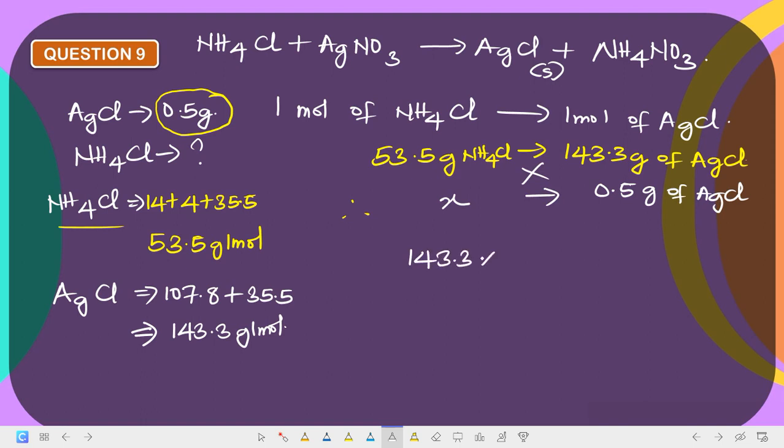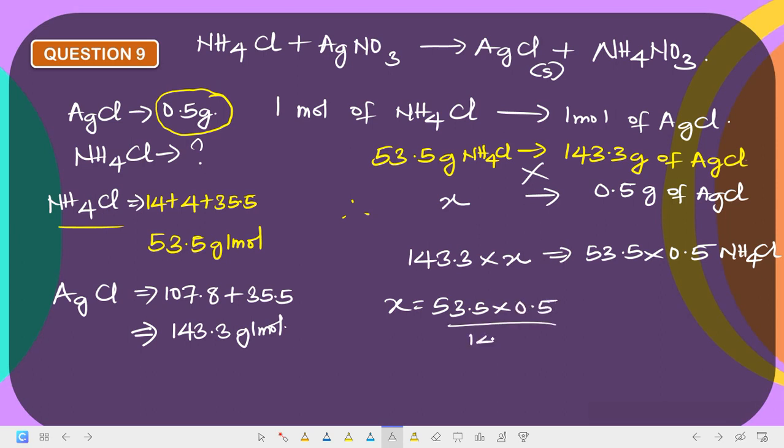At this point in time, this multiplied by this is what? 143.3 times X is equal to 53.5 times 0.5 gram of what? Ammonium chloride. So your X will be 53.5 times 0.5 divided by 143.3, all in gram, of ammonium chloride.